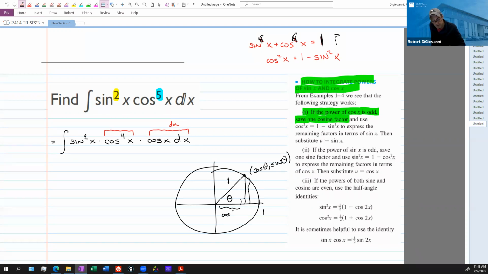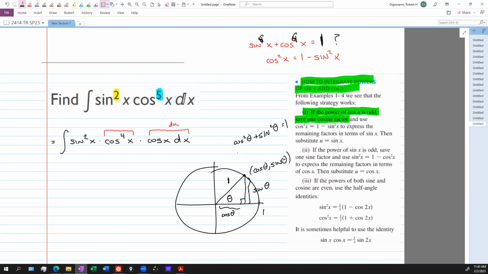So when you square cosine, cosine squared theta plus sine squared theta must be 1. Pythagorean does not work when you have the fourth power. That's not what the Pythagorean says: a squared plus b squared is c squared, right? So it has to be squared. Okay? Which is, I mean, not a deal breaker for us.